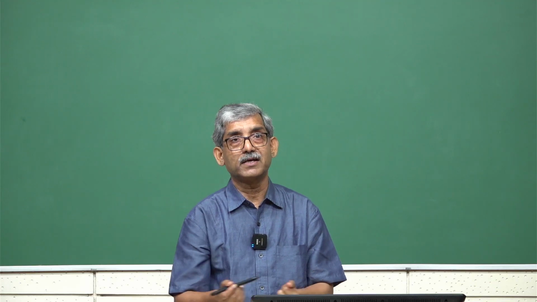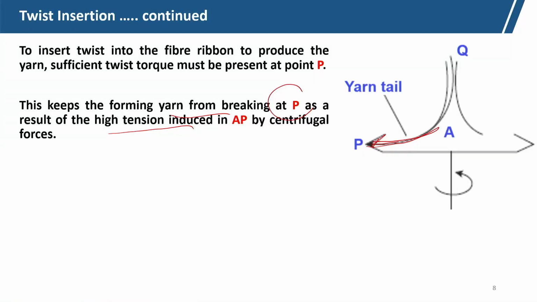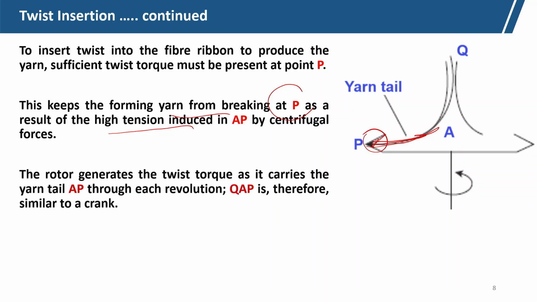So, the high tension has to be there so that there is no breakage. Here, in the A P zone, we need very high twist torque so that twisting can take place. The rotor generates the twist torque as it carries the yarn A P through each revolution. So, due to rotor rotation, there will be twisting torque.